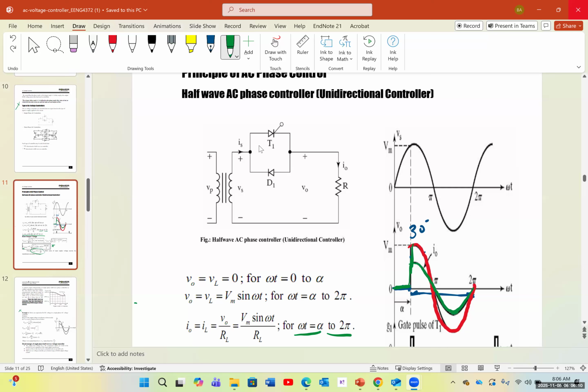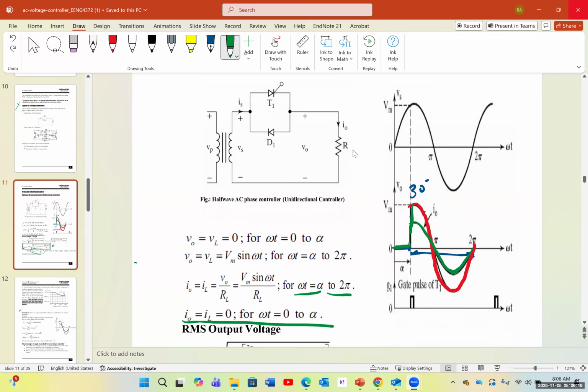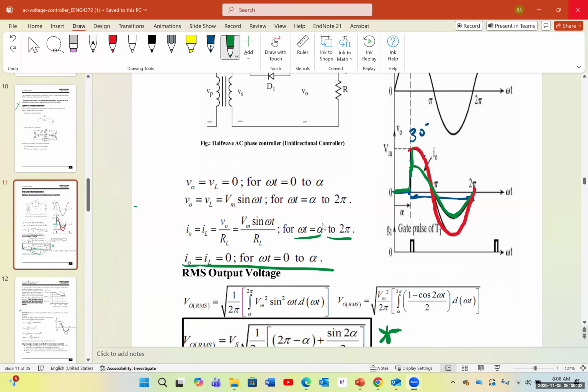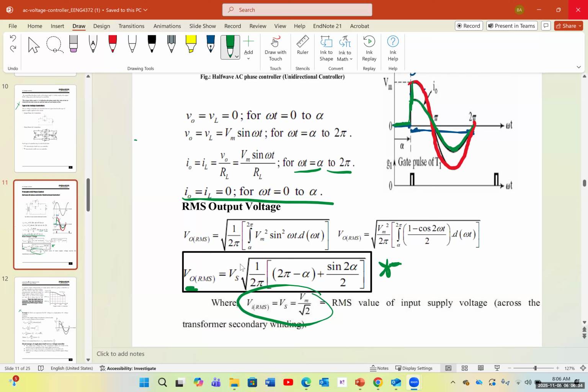We learned that in these systems, we usually use one thyristor or SCR, and the system can only control the output in a single half wave. As you can see, here we only control it in the positive cycle. The output RMS voltage for this system was Vs square root of 1 over 2 pi times (pi minus alpha plus sine of 2 alpha over 2).